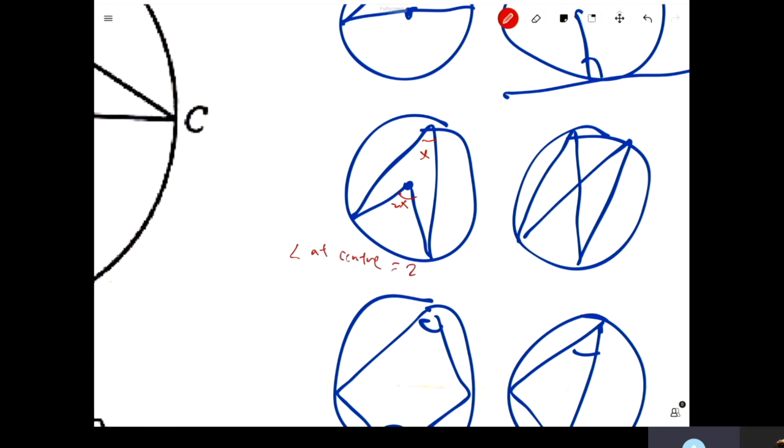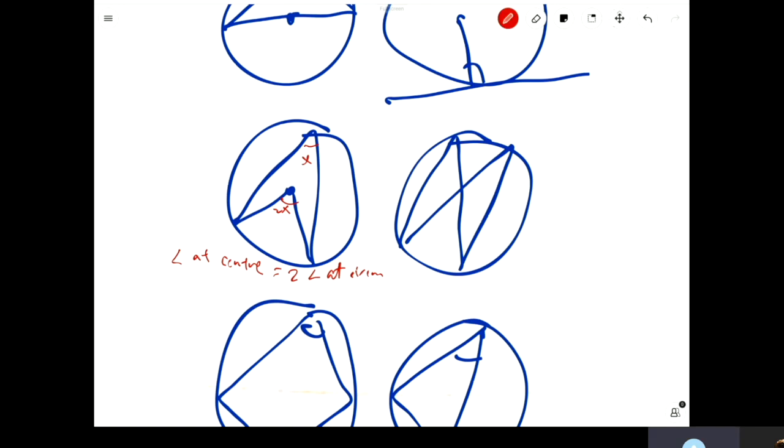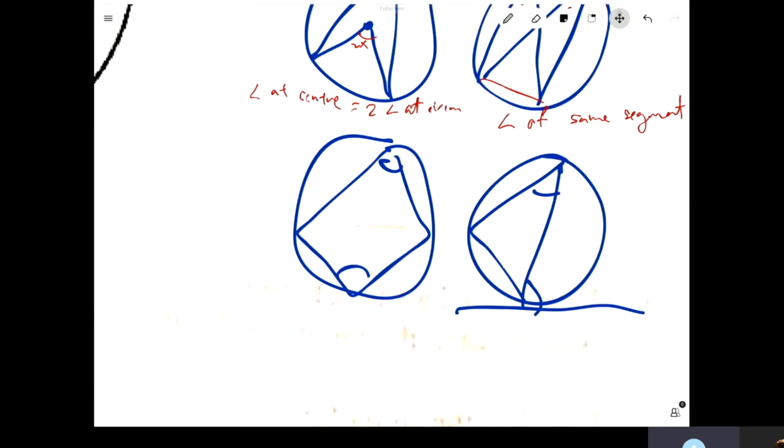Both are x, so angles in the same segment.